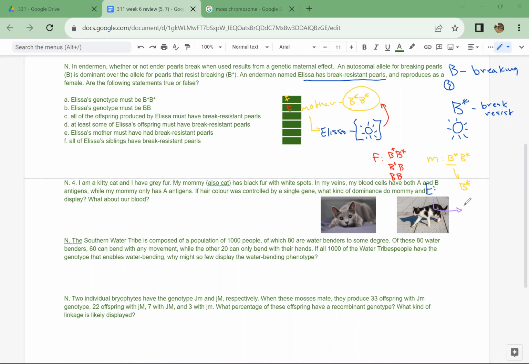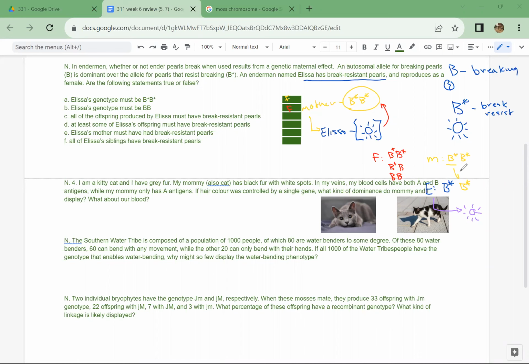So all of the offspring produced by Elisa must have break-resistant pearls. In order for her offspring to have break-resistant pearls, what would Elisa's genotype need to be? Exactly, just like in the case of her mother, where Elisa's break-resistant phenotype came from a homozygous recessive genotype, break-resistant phenotype must come from a homozygous recessive genotype.